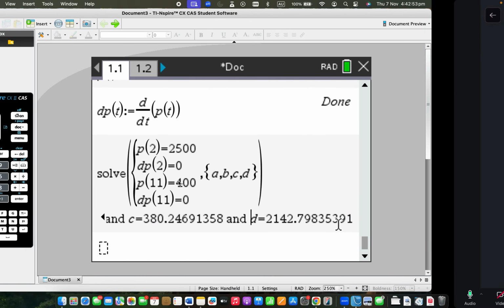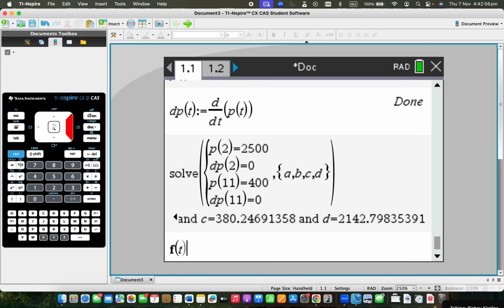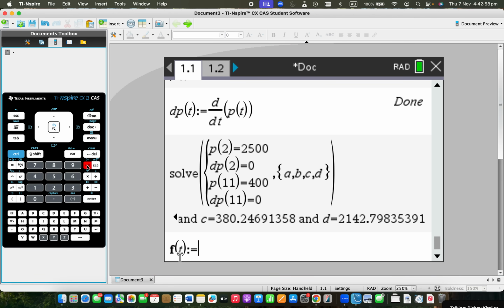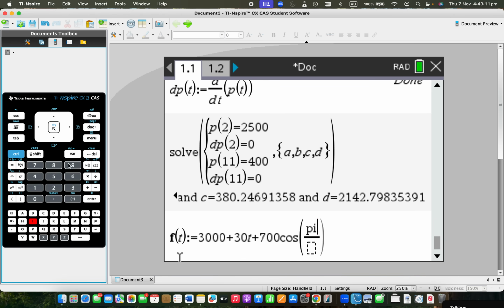Alright, so we're going to need to define f of t as what it is, 3000 plus 30t plus 700 cos of pi t on 6 plus 400 cos of pi times t on 3.